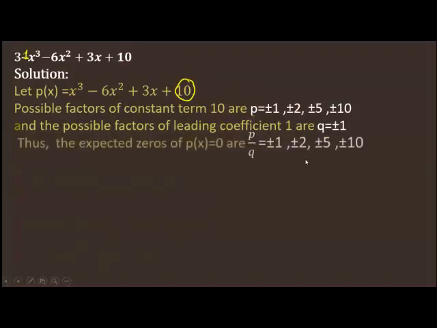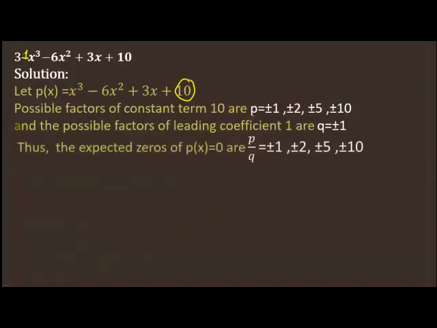So thus the expected zeros of p of x equal to 0 are 1 upon 1, which is 1, 2 upon 1 is again 2, 5 upon 1 is 5, 10 upon 1 is 10.